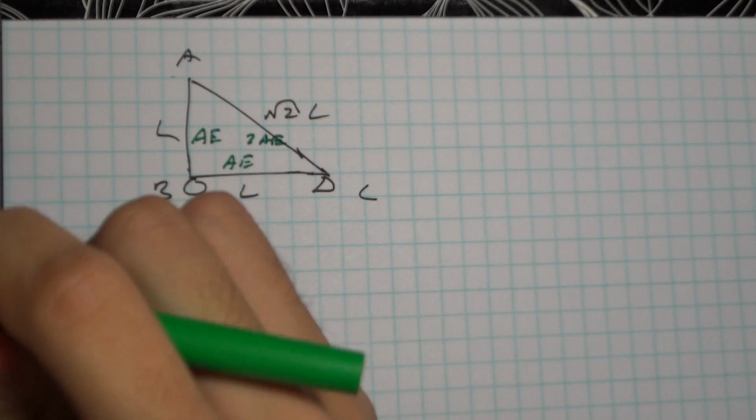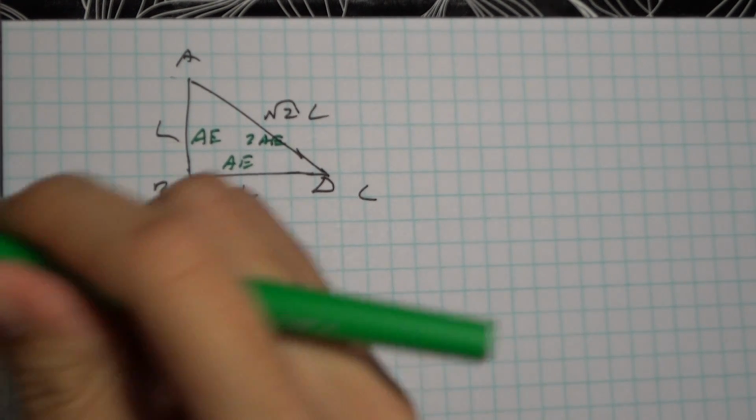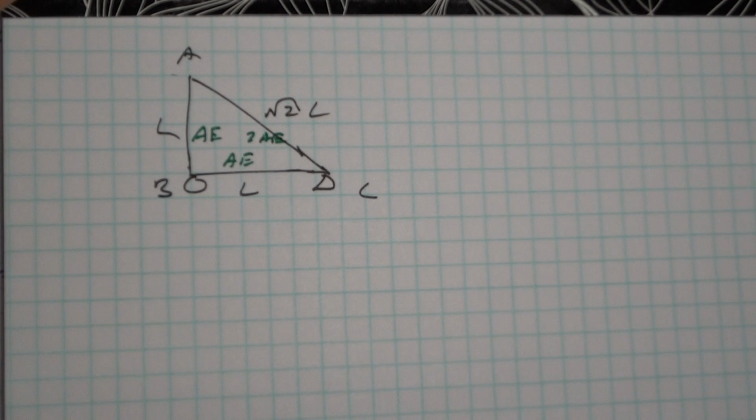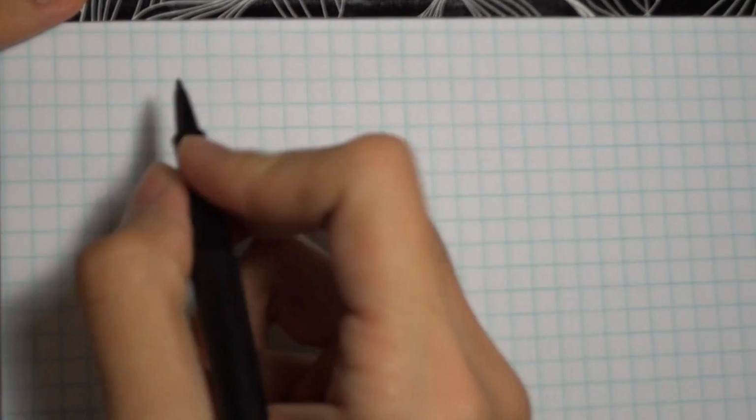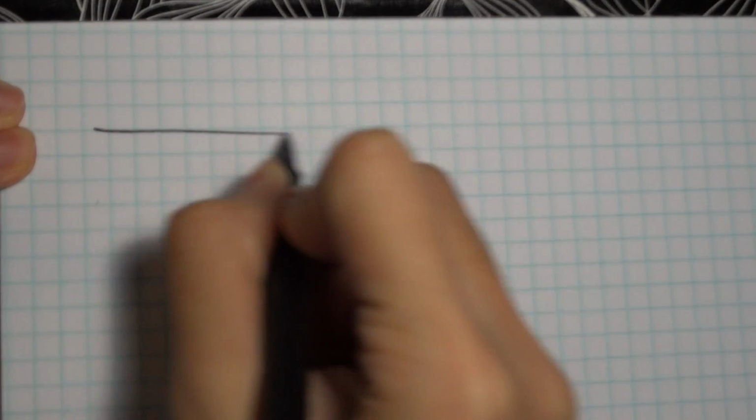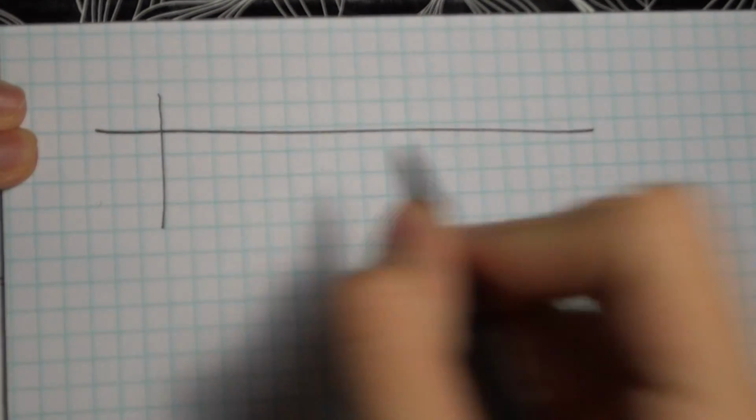So the first thing is always make your table, and I'm going to make my table on a separate page just so that I can flip back and forth easily. Your table is going to be very short. Notice how we only have 3 members, so we will only have 3 rows.